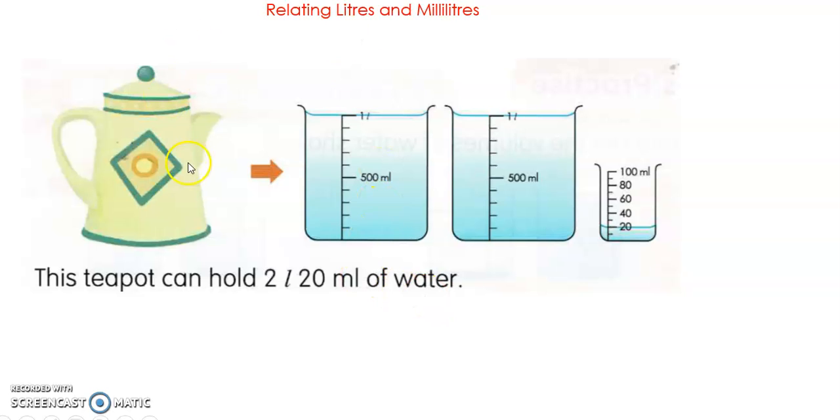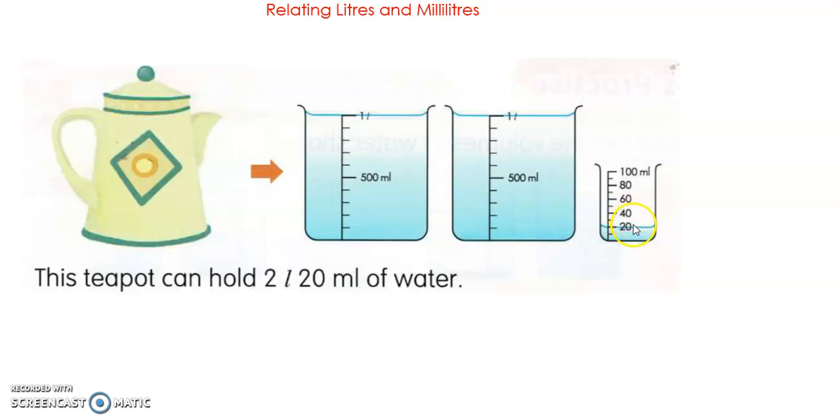This is because when I pour the water inside this teapot into containers with scales, I can see that the water can be poured into two big ones with a capacity of 1 liter and 1 liter, and one small container with 20.